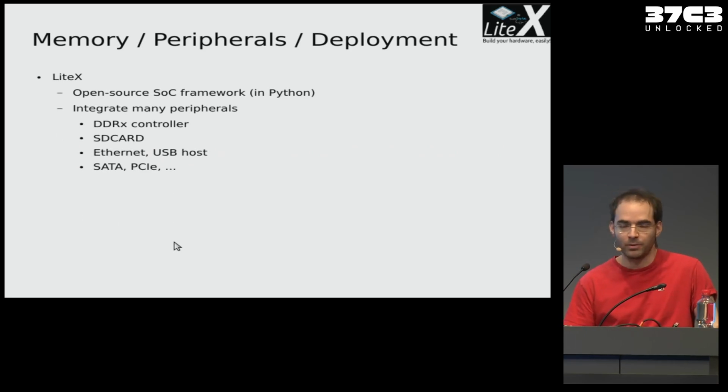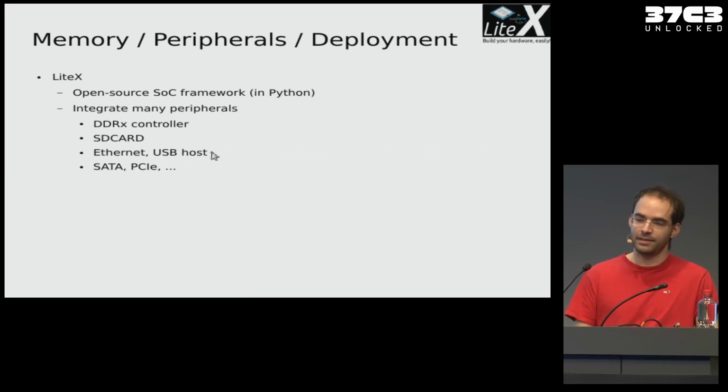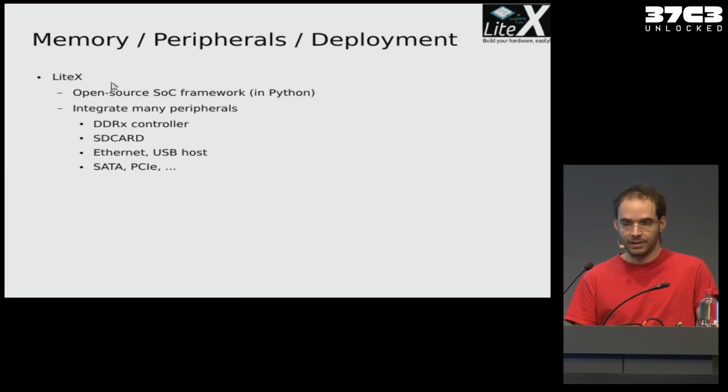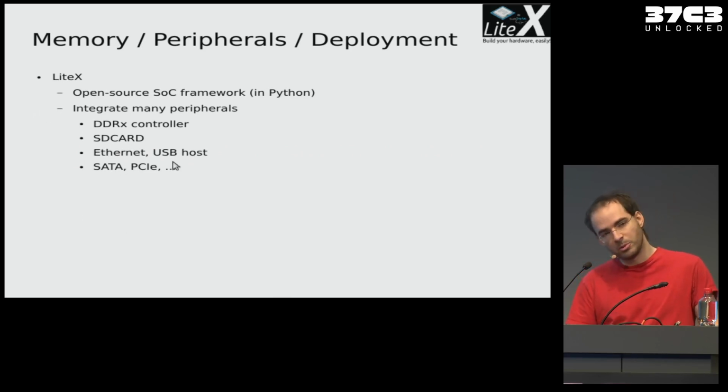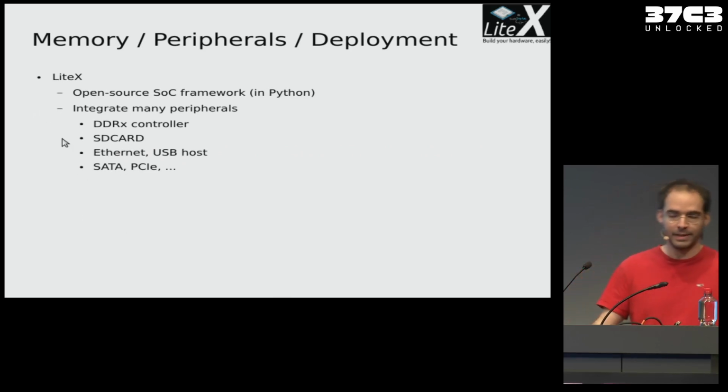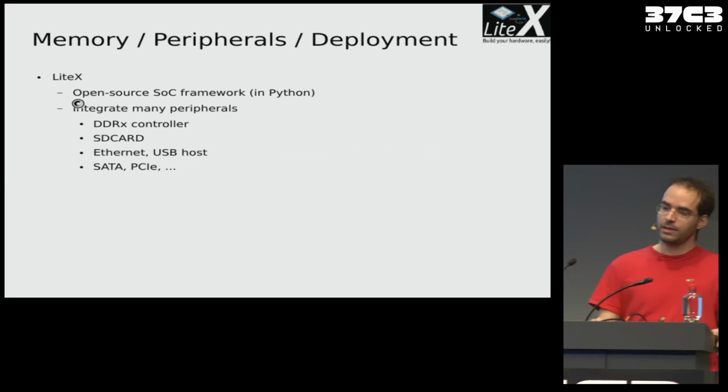There are some open source tools to design a full SoC with peripherals, like for instance LiteX, which is in Python with Migen. It has quite a few peripherals like DDR4 and DDR3 controllers, open source, SD card, Ethernet support, USB host, SATA, PCI, many things.